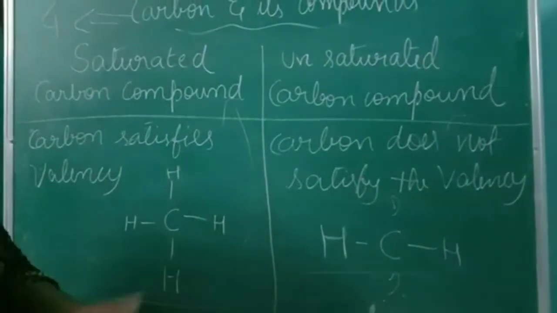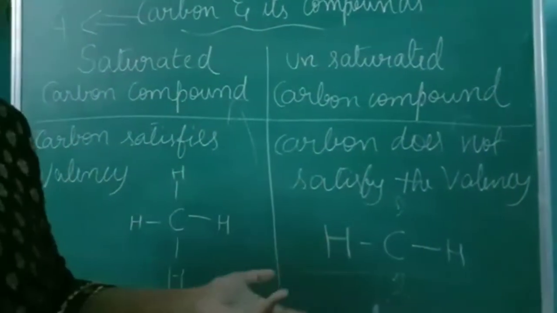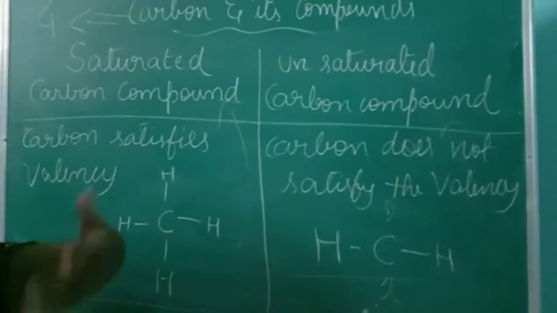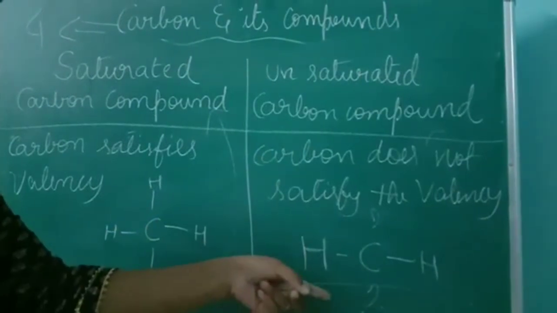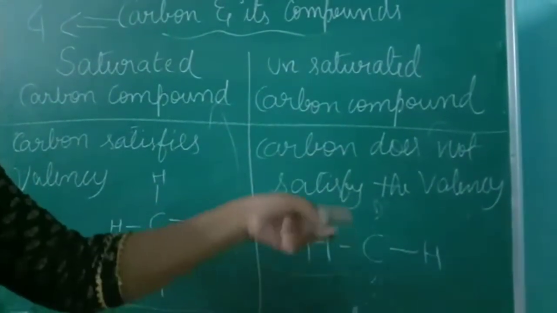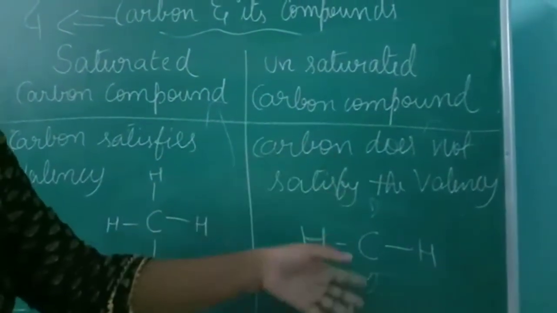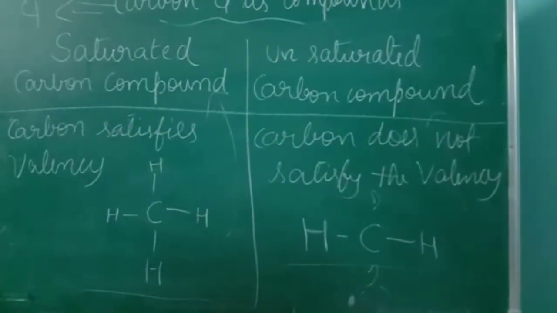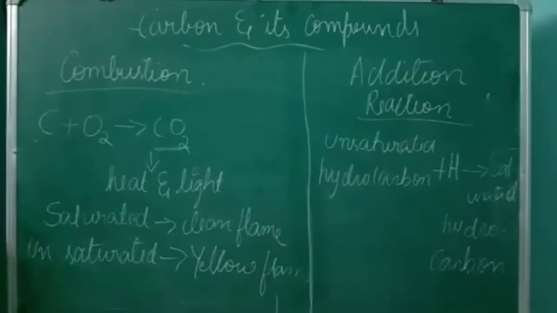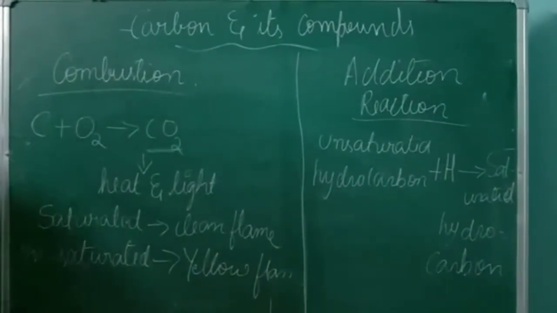Unsaturated carbon compound means it is incomplete. Why is it not complete? Because it is not satisfying its valency. So the carbon compounds which are not satisfying their valency, we call unsaturated carbon compounds. So next we'll move on to a process called combustion.